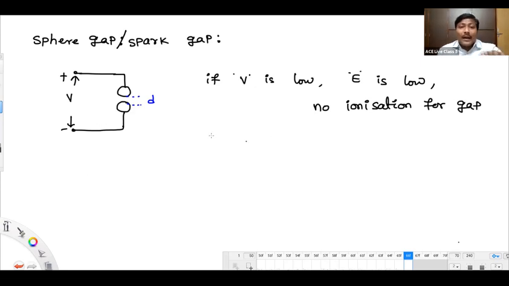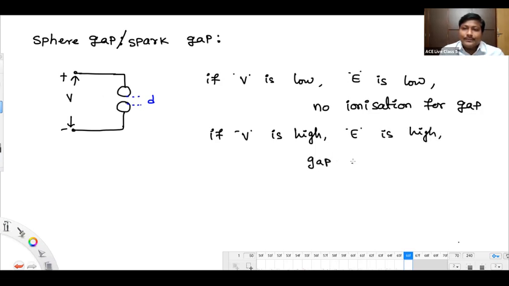Similarly, if that applied voltage is high, electric field intensity will be high. There may be a chance of getting ionization for the gap, and it will act as a short circuit. So if V is high and electric field intensity is high, the gap gets ionized.